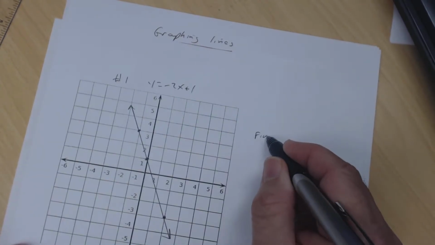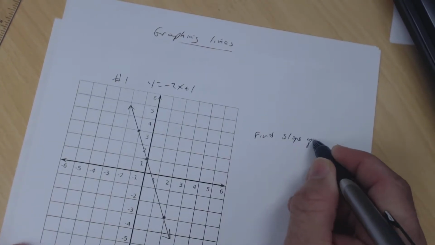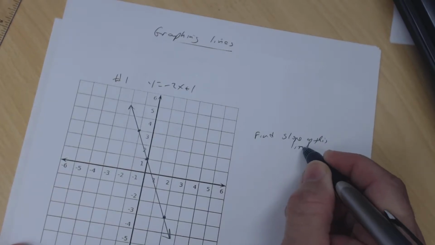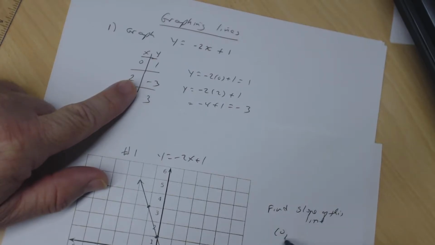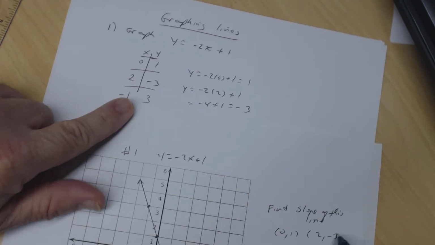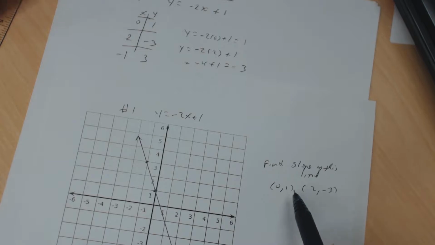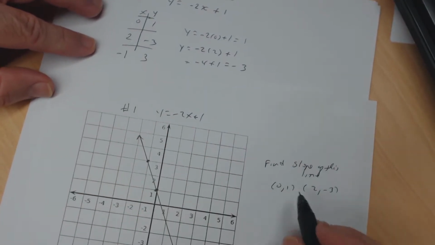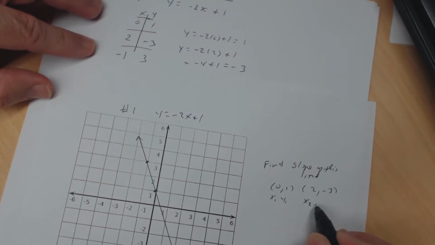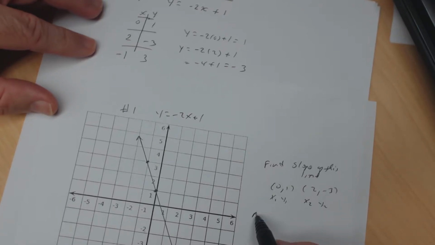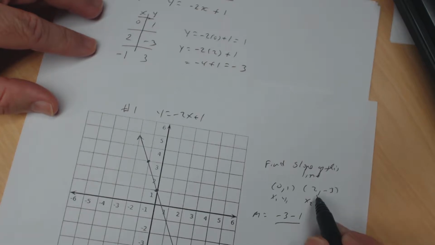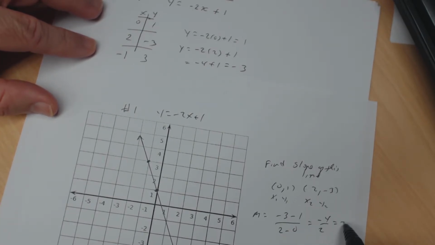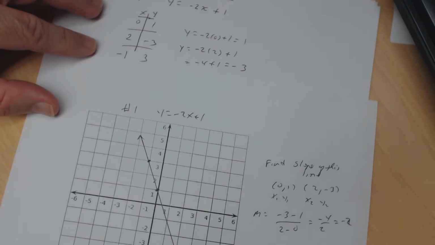Let's find the slope of this line using 2 points that I know are on it: (0, 1) and (2, negative 3). Using the slope formula, y2 subtract y1 over x2 subtract x1, I get negative 4 over 2, which is negative 2. So my slope happens to be negative 2.